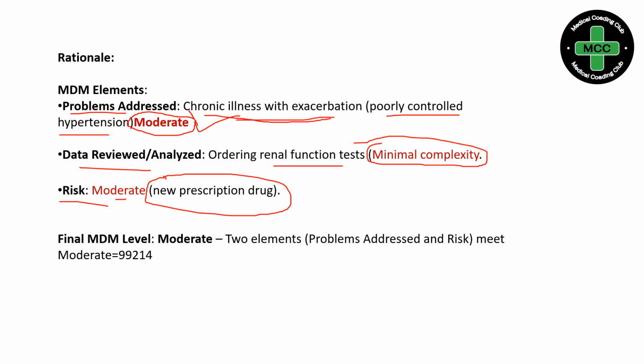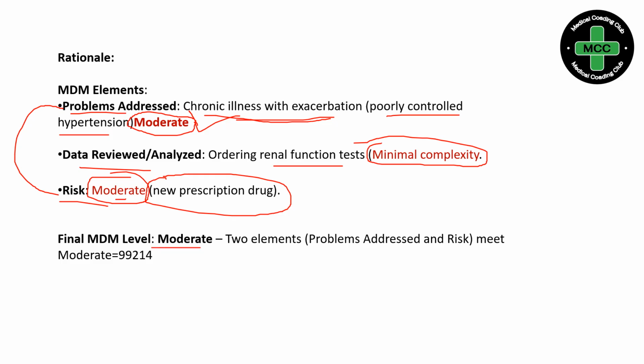Okay, so now if you apply the coding guideline, we must take two elements which are meeting or exceeding. So here if you see this again, problem addressed and risk, we are getting moderate level, so our final MDM will be moderate.